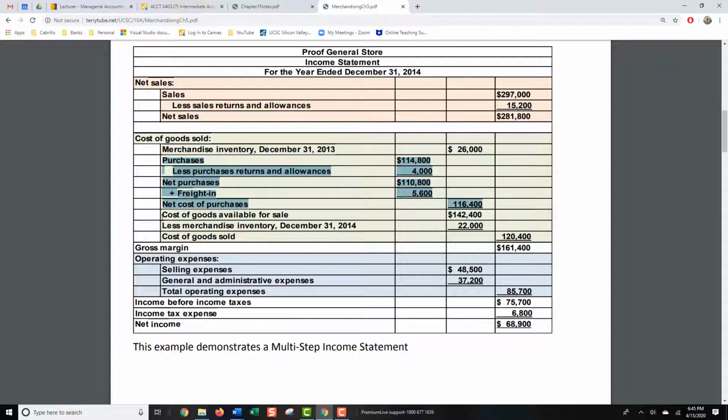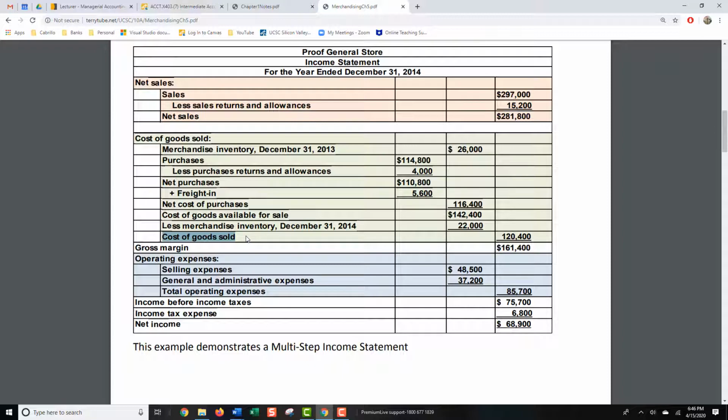That gives you all your goods available for sale, everything you possibly could sell. You subtract out how much inventory you have at the end of the period. The difference, your beginning inventory plus net purchases minus your ending inventory, must be what was sold or stolen. And theft is the period cost.